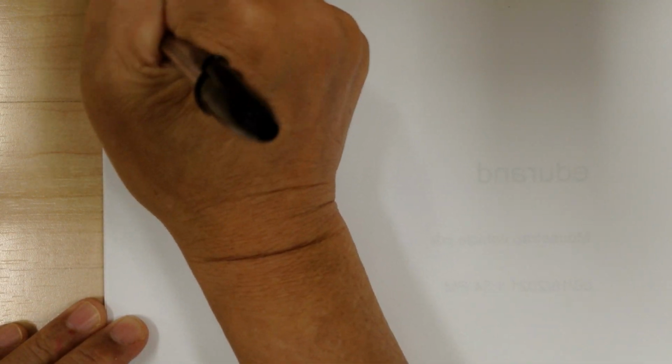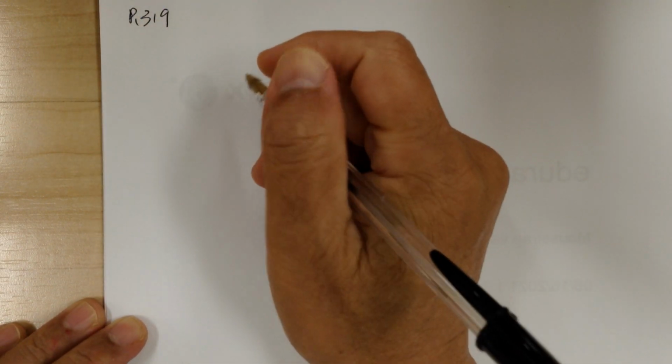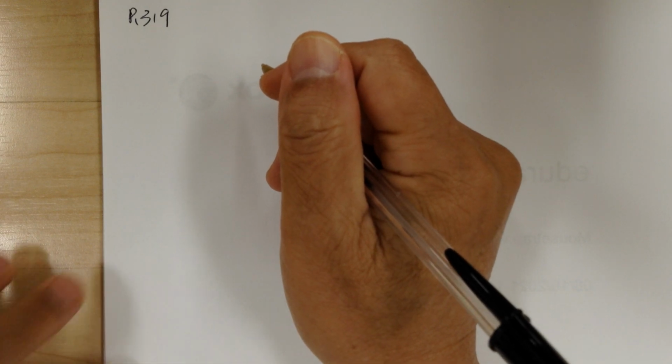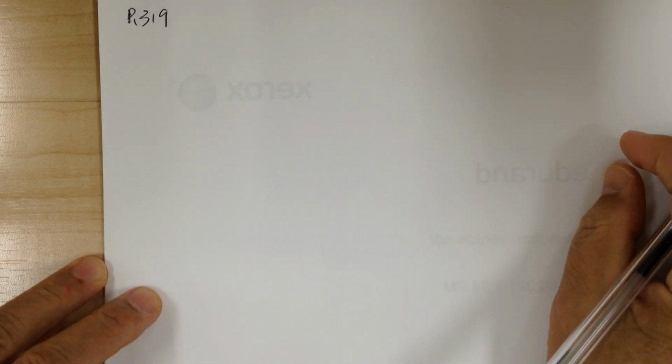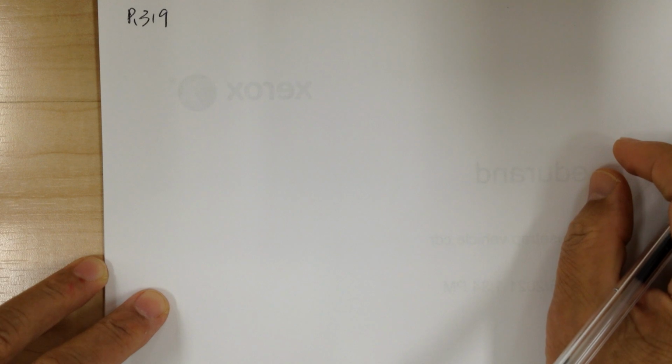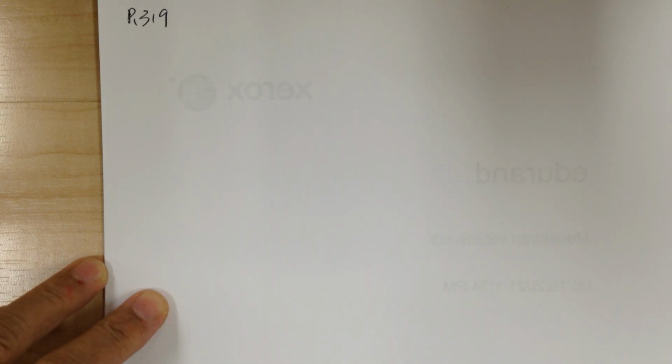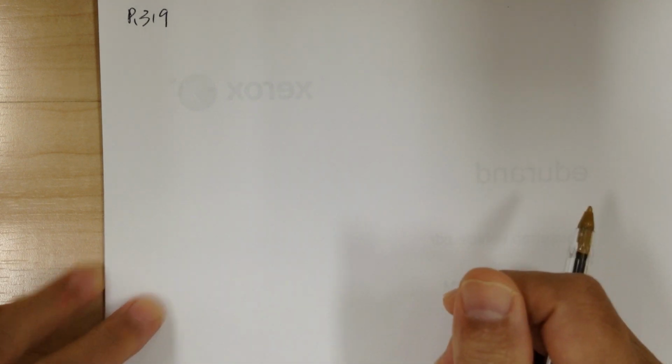Now on page 319, on the top, it says you now have three methods of solving quadratic equations. You can use the quadratic formula, you can complete the square, or you can use factoring.